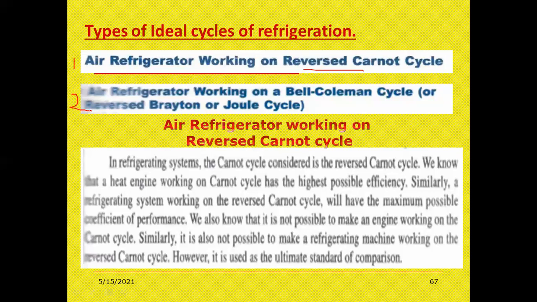So whenever it's not possible to build the engine, it is also not possible to build the refrigerator working on the reversed Carnot cycle, because it is used as the ultimate standard of comparison. The air refrigeration working on the reversed Carnot cycle is generally used for commercial applications, and we'll see the concept in detail now.